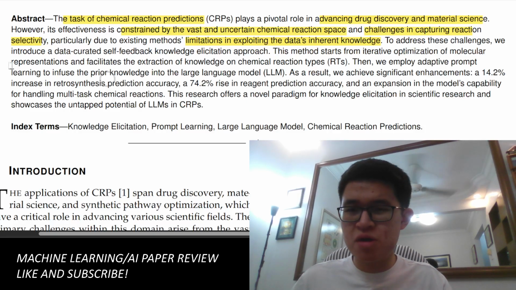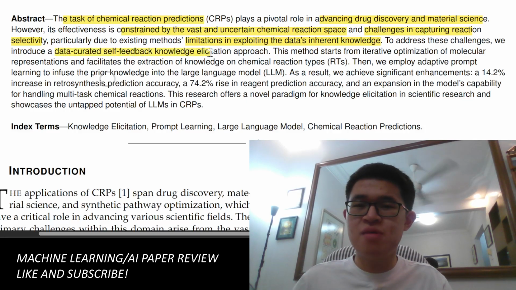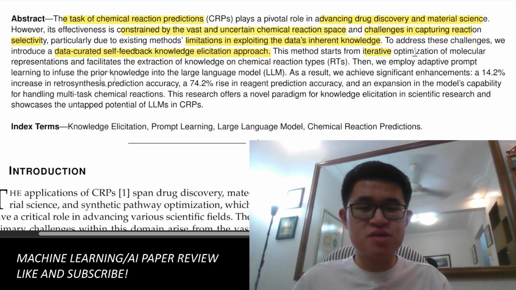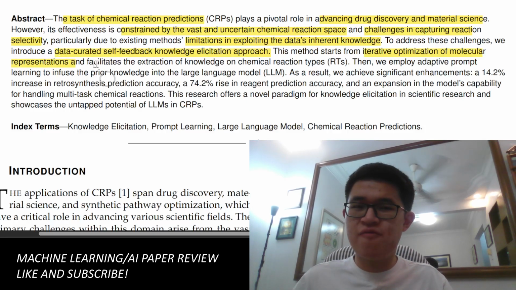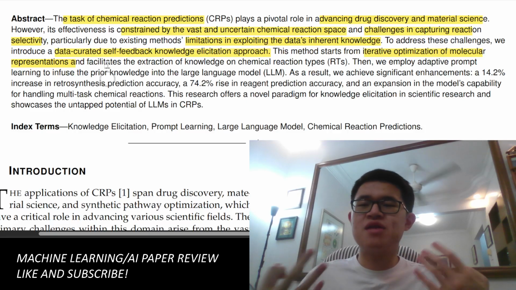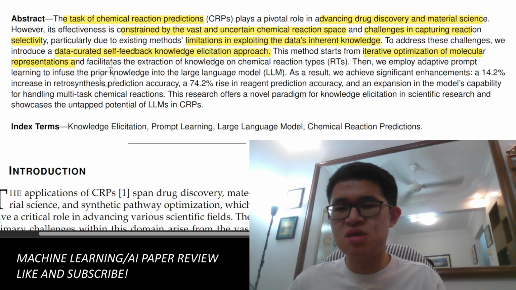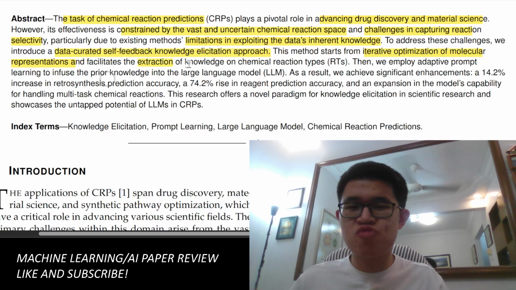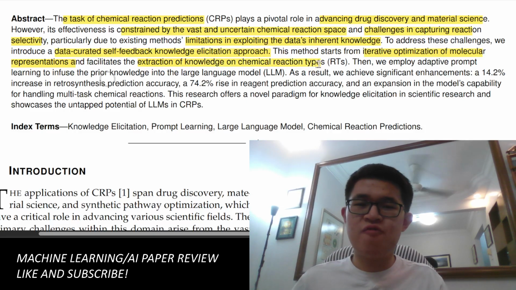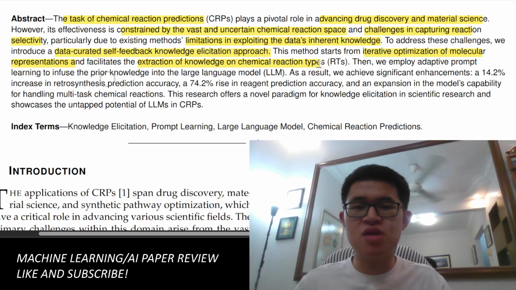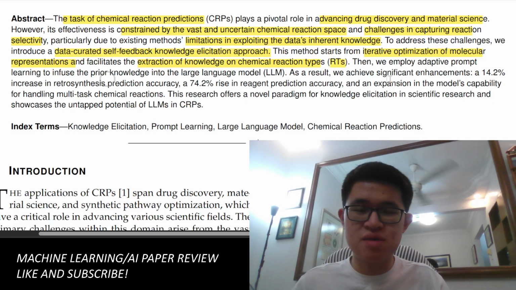So okay, what they propose here is a data-curated self-feedback knowledge elicitation approach. It starts off with iterative optimization of molecular representations at first, which means understanding the molecule from the deep neural networks perspective, and then trying to extract the knowledge on different types of chemical reaction, which they call RTs.